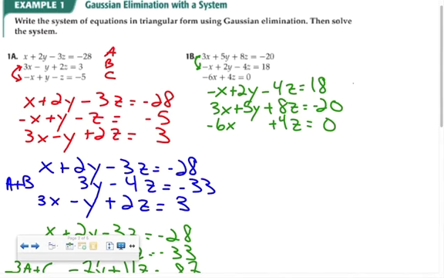Next, I'm going to multiply the first equation by negative 6 and add it to the third equation.